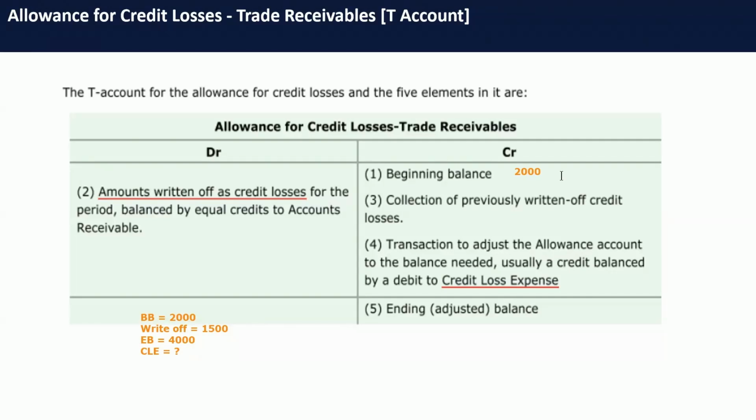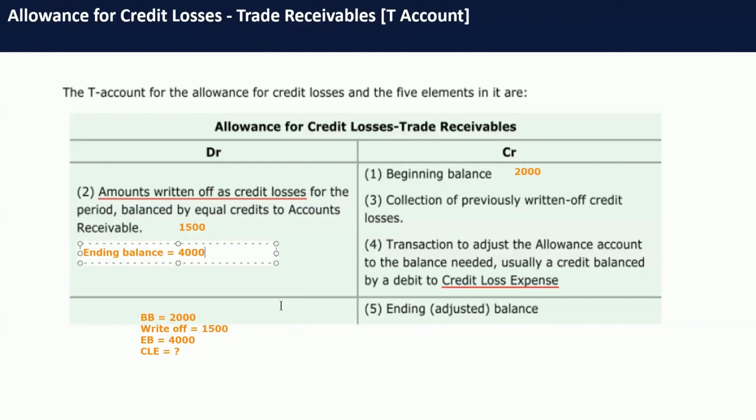Okay. So the beginning balance given is 2000 and for the third entry we don't have anything. And it is told that the write-off is 1500. Then what is the credit loss expense needed? That is what they are asking us. If you get confused with the ending balance being written here on the credit side, you can take it down here as well. Ending balance requirement is equal to how much? 4000 you require.